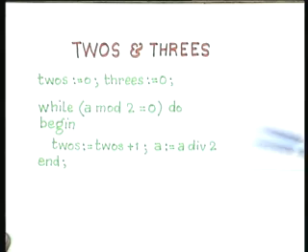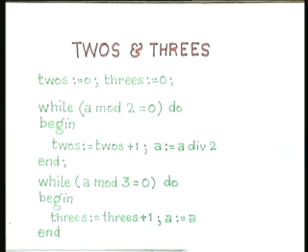And once you are through with all the divisions by 2, you start with the divisions by 3 and you find the number of times 3 divides this number, right.